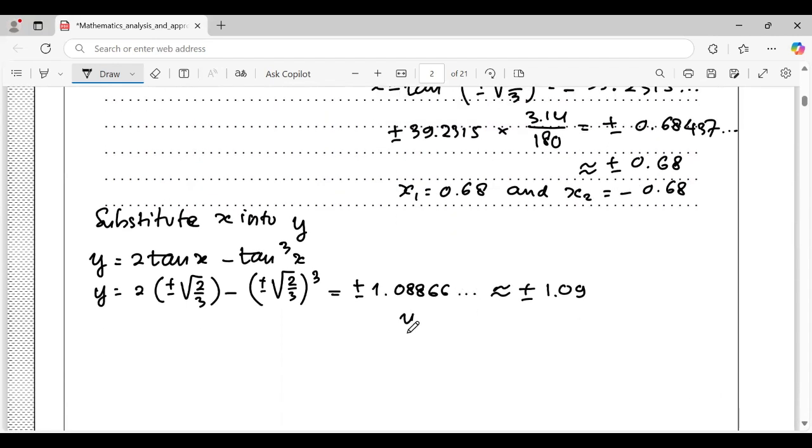The first y is 1.09 and the second y is minus 1.09.